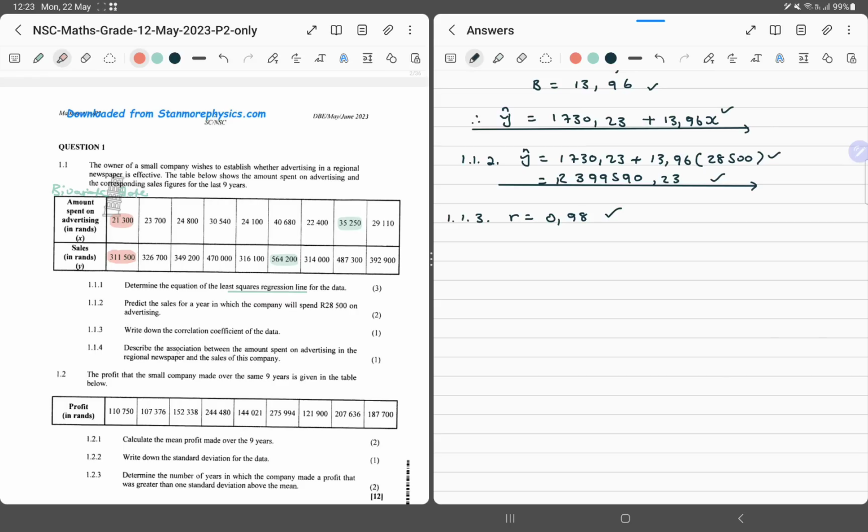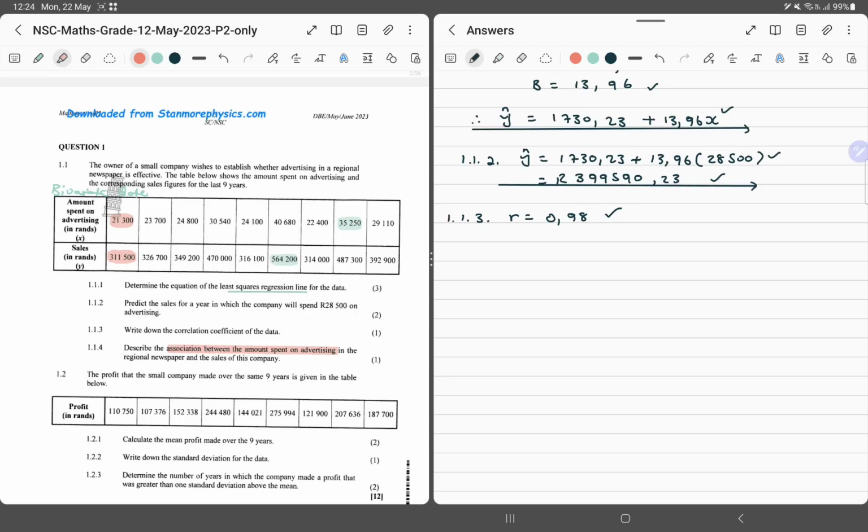And then it says describe the association between the amount spent on the advertising in the original newspaper and the sales of this company.